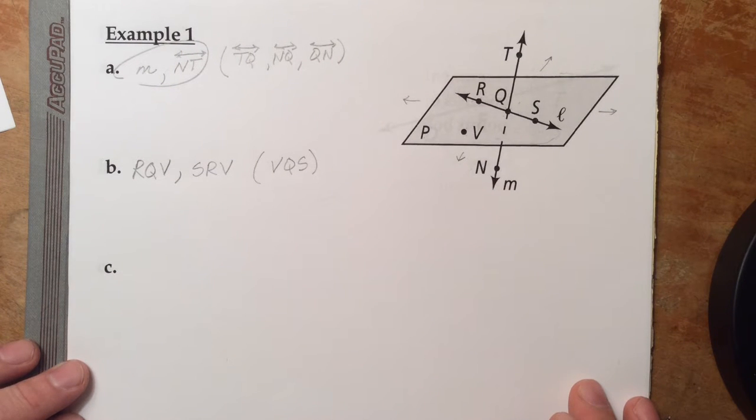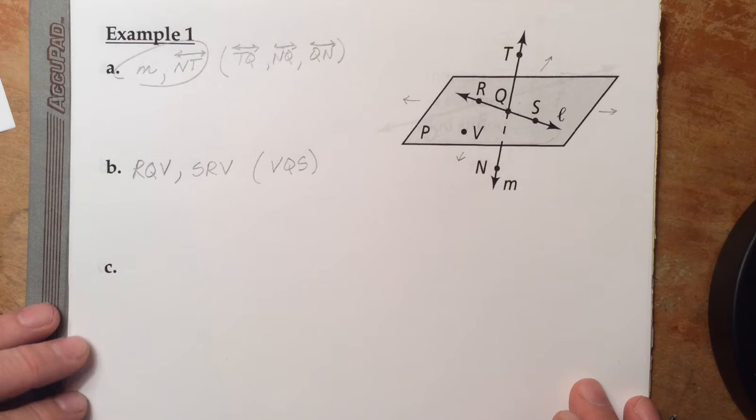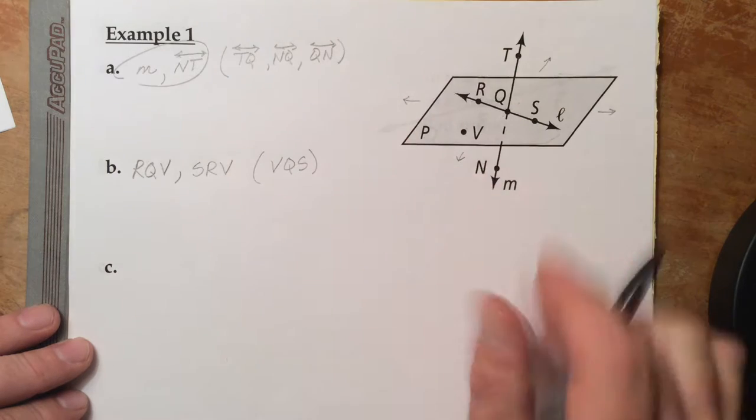Part C. What are the names of 3 collinear points? And there's a second part to this. What are the names of 4 coplanar points? So starting with the first part, what are the names of 3 collinear points? Collinear means all in one line, and so as long as you have 3 that line up in this illustration, you've got 3 collinear points.